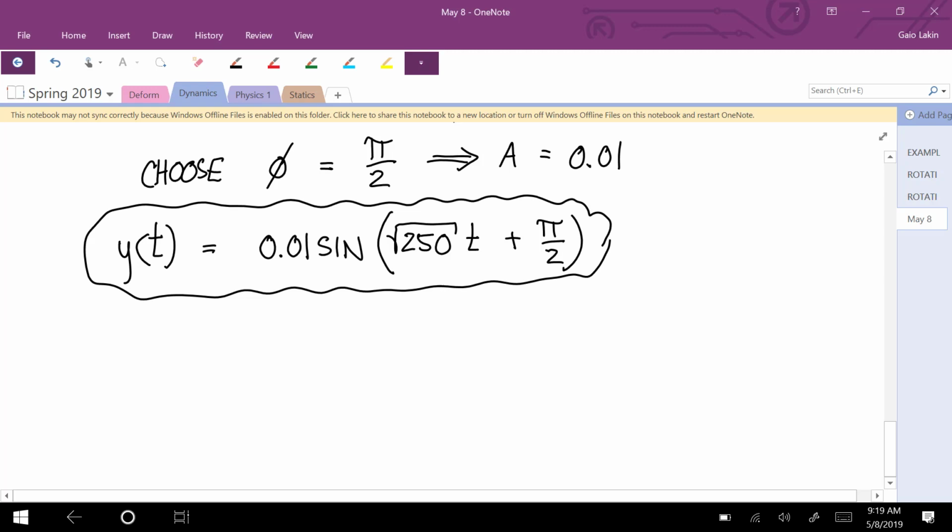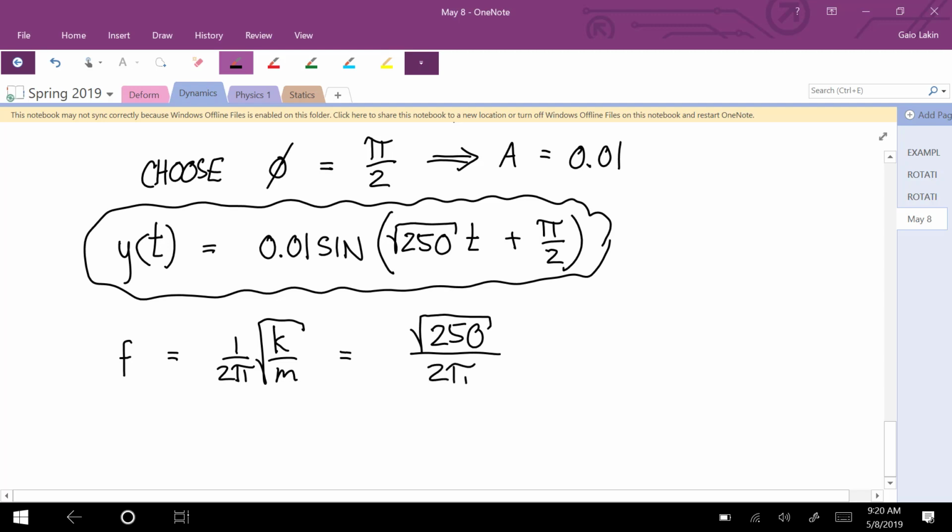And then the frequency is just equal to 1 over 2 pi times square root of k over m. So that's square root of 250 over 2 pi, whatever that is.